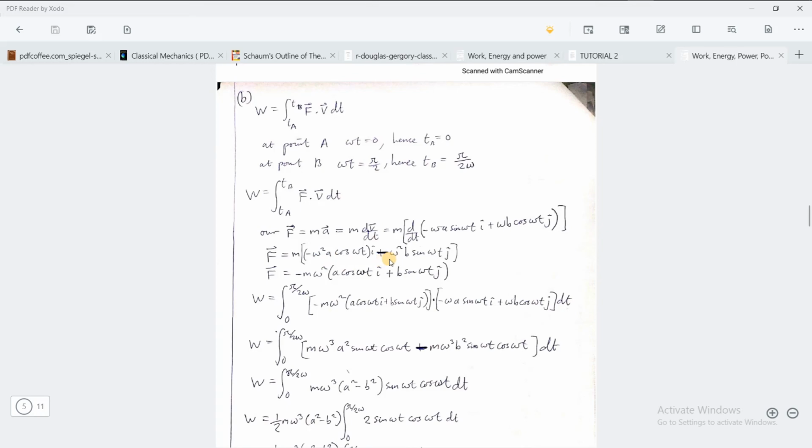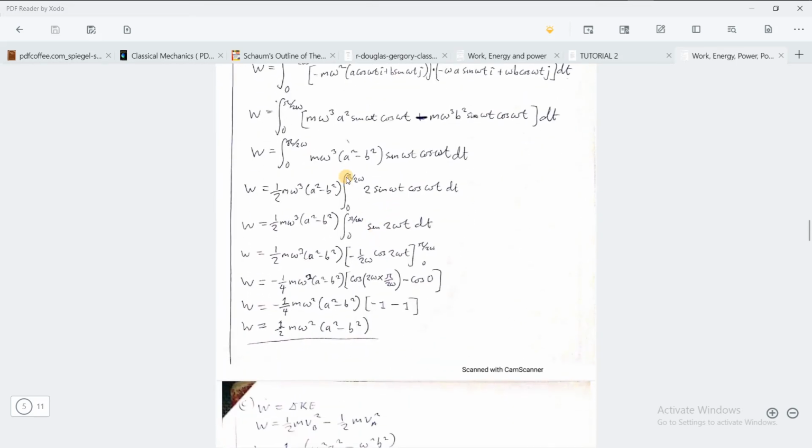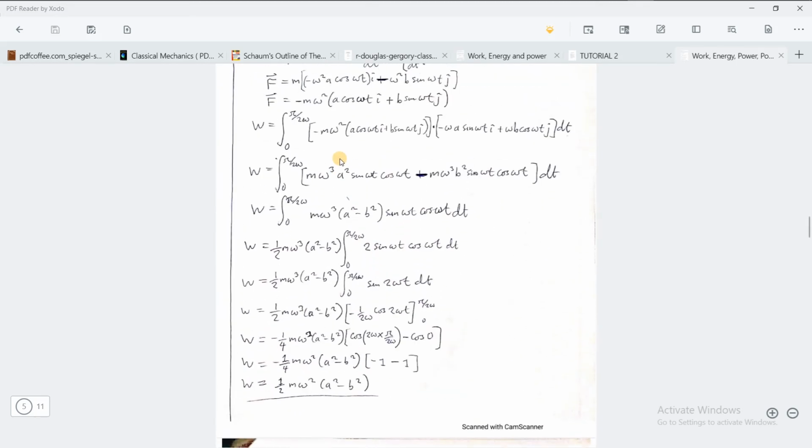Or rather, sorry, the dot product wasn't that. The dot product was what we got after taking this force and this force. We got this as the dot product, which is this expression here, which is the same as this expression.